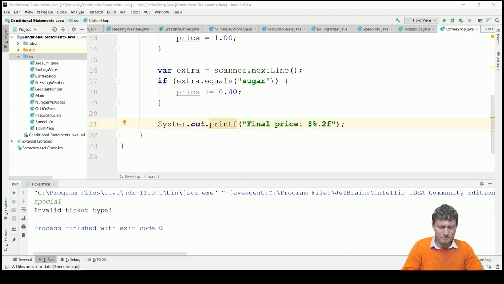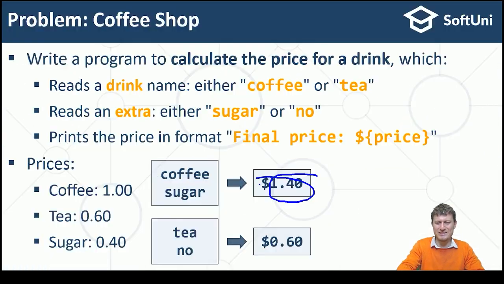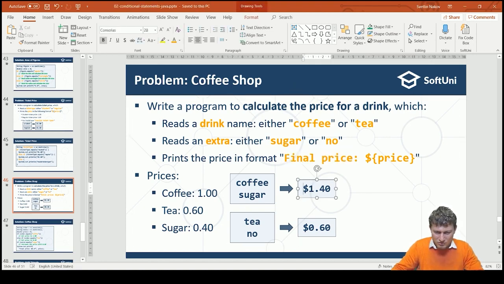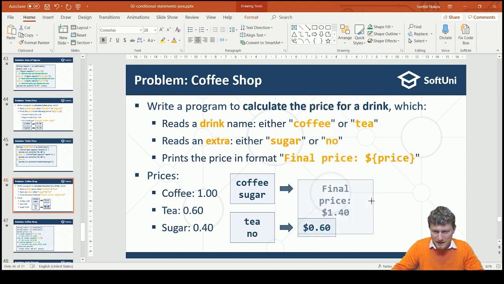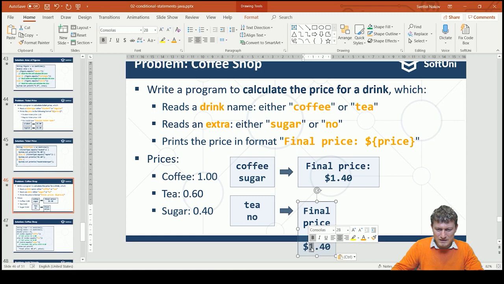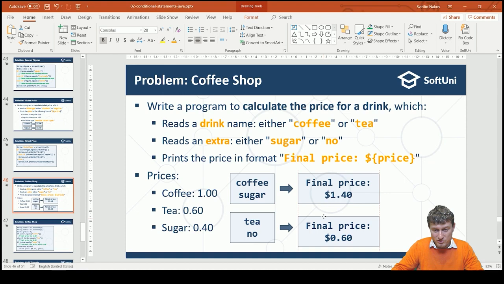It should be final price, and this one here is incorrect, so let's fix it. I need to paste this. It should be something like this. Okay, 0.60. 0.60 is just what the problem description says, right?